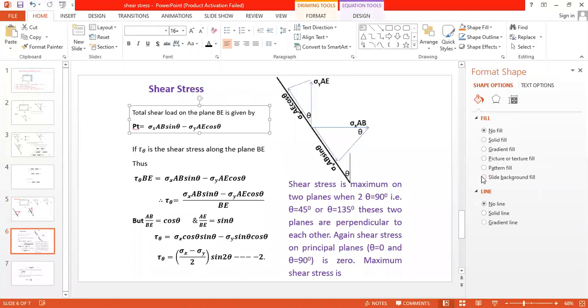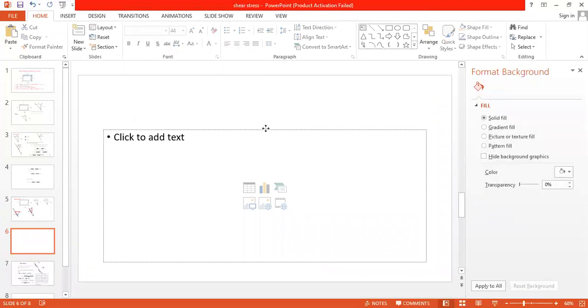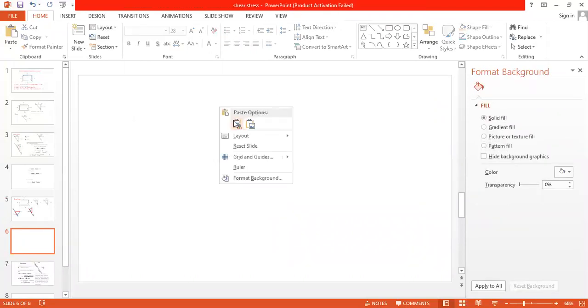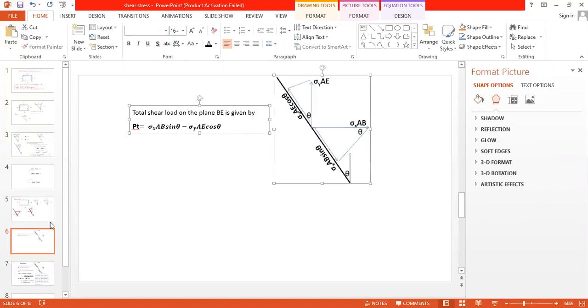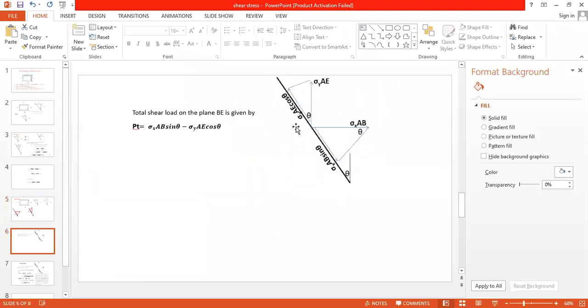The total tangential force is the addition of these two. I have combined these two things here.